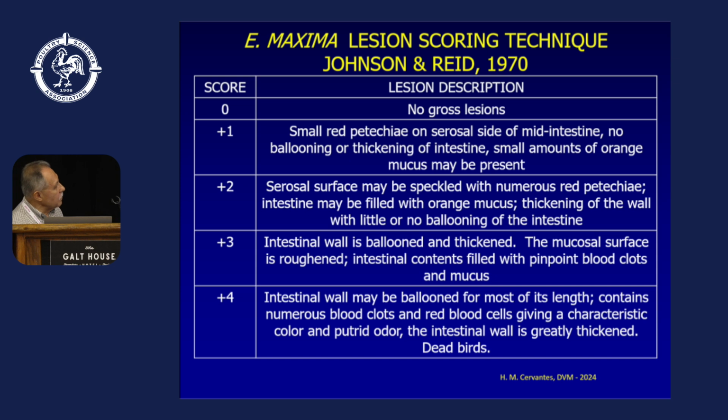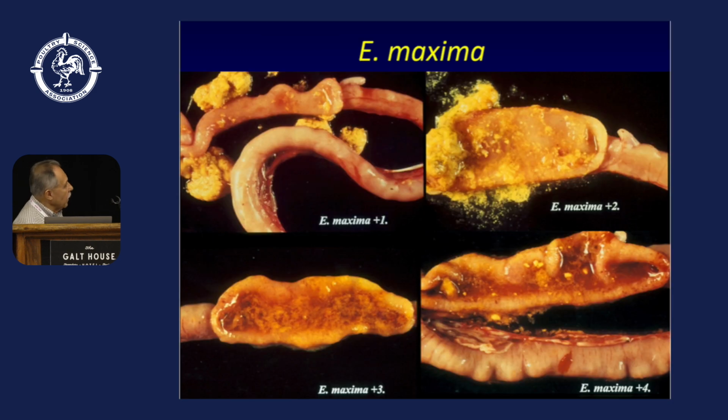For Eimeria maxima, same type of scale, 0, no lesions, +4, the most severe lesions or mortality. And I took these from our Pfizer book, the Coccidiosis manual from Pfizer, developed years ago. Again, maxima +1, +2, +3, +4. As you can see, the degree of severity of the lesions increases as the score increases.